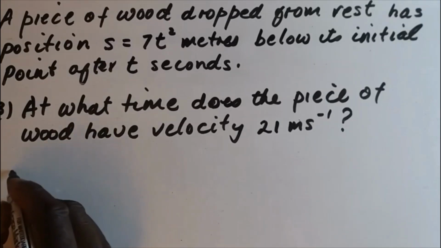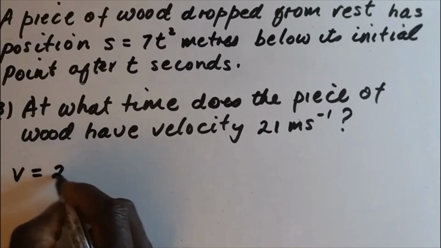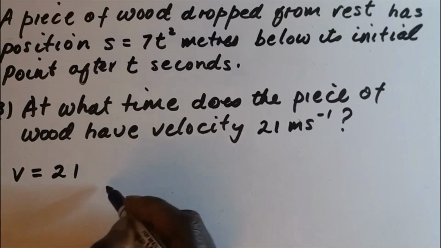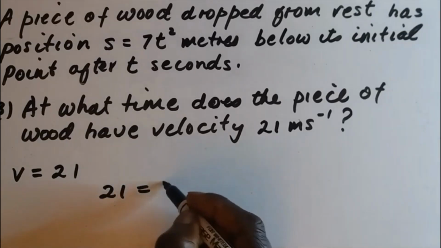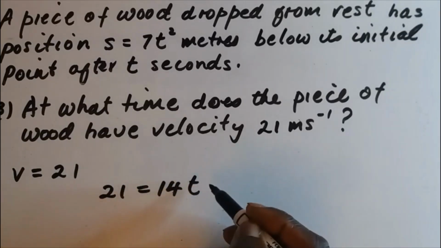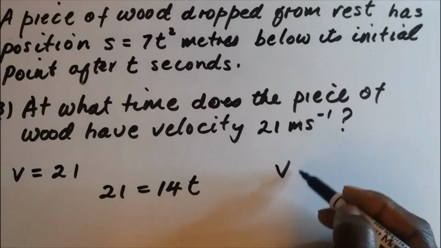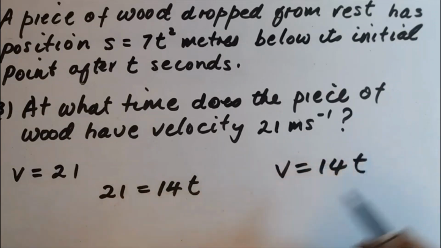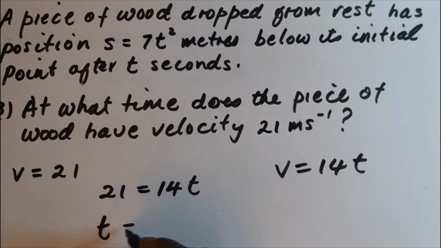We know when v is equal to 21, then we have 21 is equal to 14t. Bear in mind we did calculate our velocity function as v is equal to 14t. And our solution here, t, is 21 over 14, which gives us 1.5 seconds.